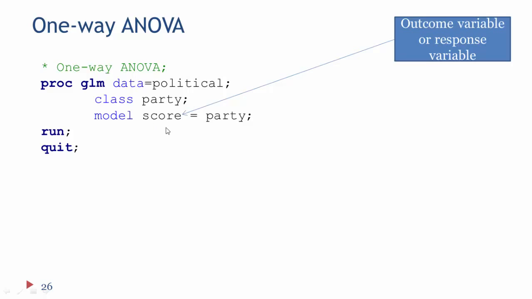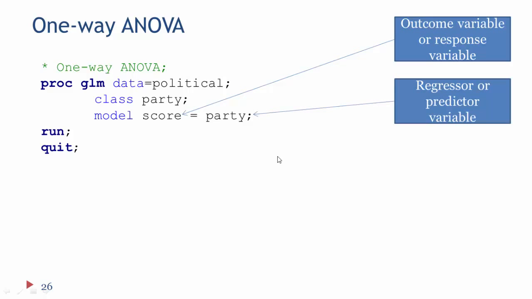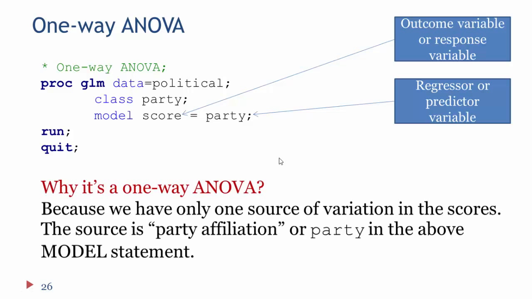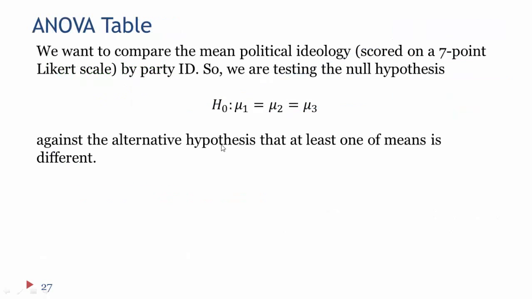So the outcome variable, the response variable, and the predictor variable is the party. Now why is it called a one-way ANOVA? This is because we have only one source of variation in the scores, in the data, and the source is party affiliation. And also notice that in the model statement we have only one predictor variable that is being used to predict the scores. So that's why it's a one-way ANOVA.